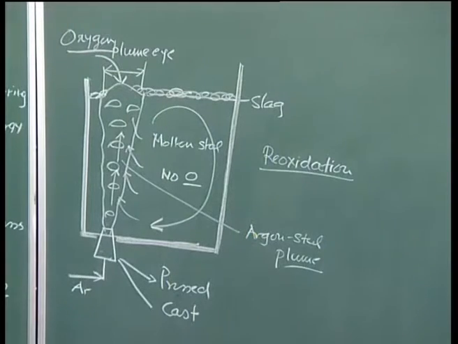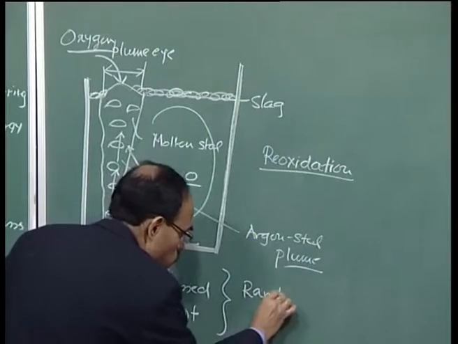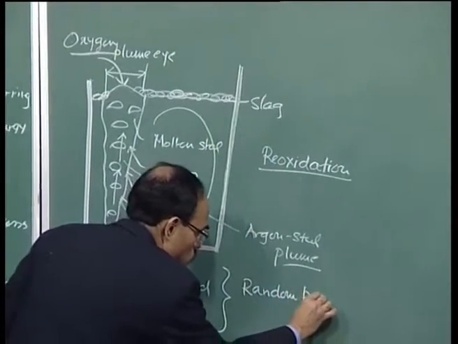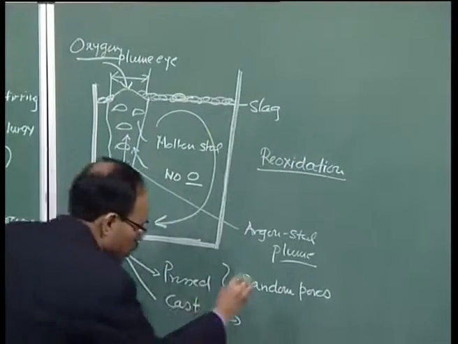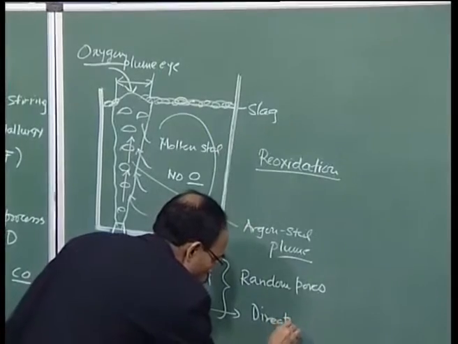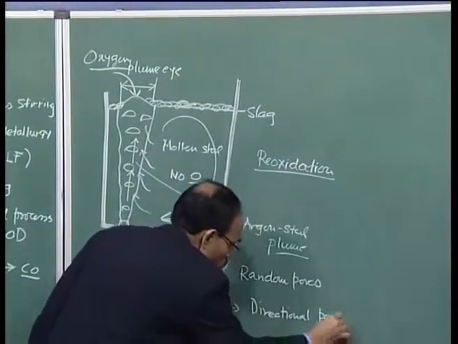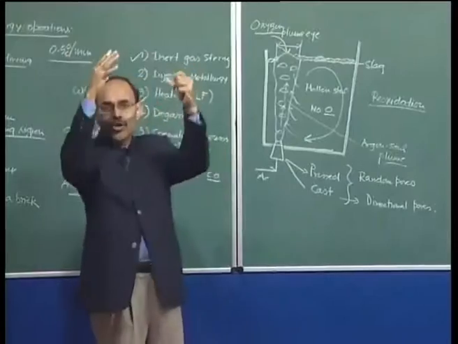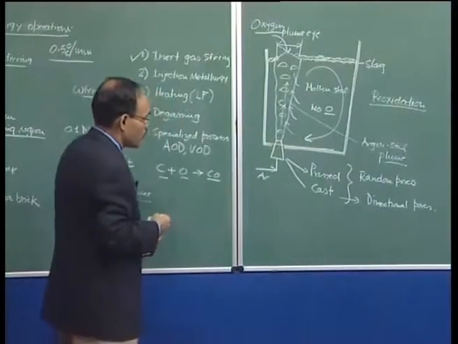They can have random pores, and they can have directional or directed pores. Some of them have slots also, by which gases are delivered into the molten metal.